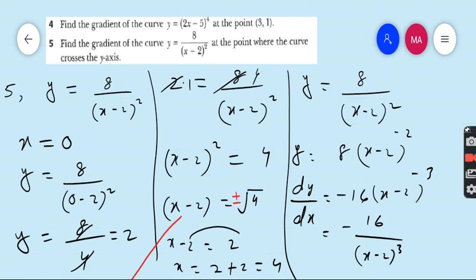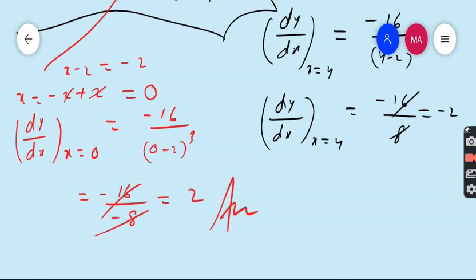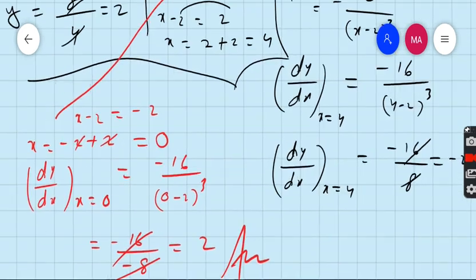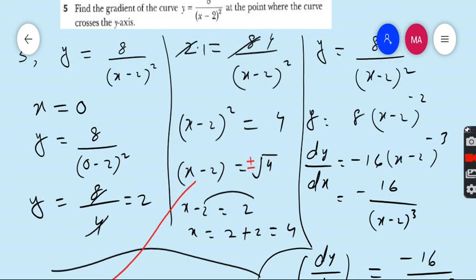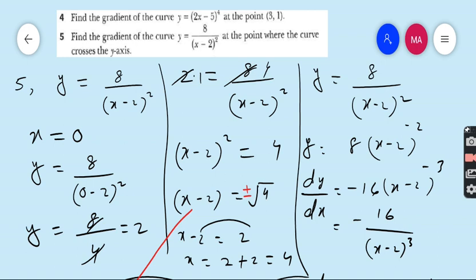Find the gradient of the curve y equals 8 upon x minus 2, where the curve crosses the y-axis.